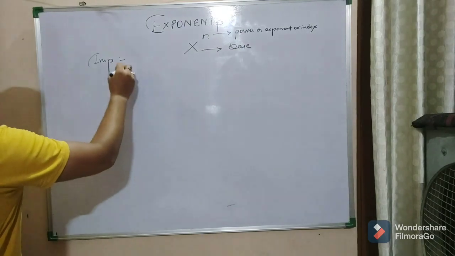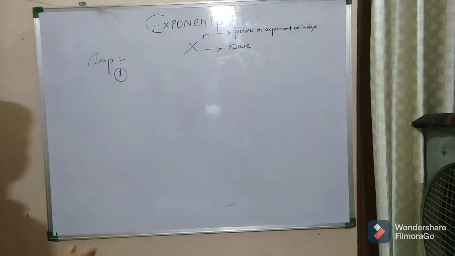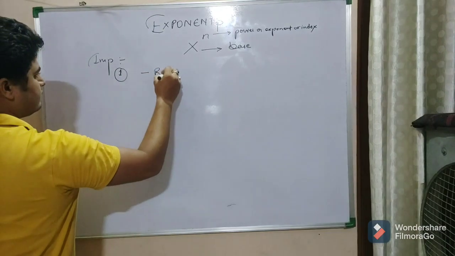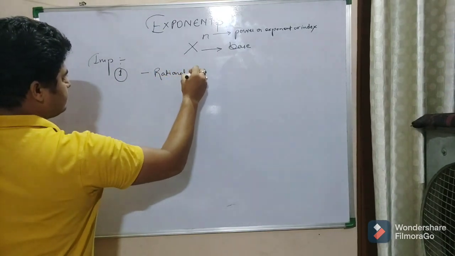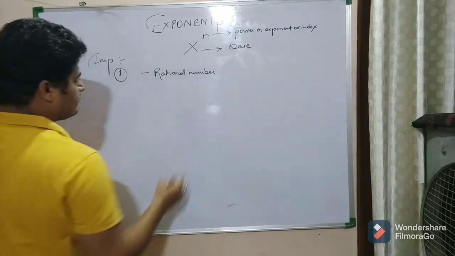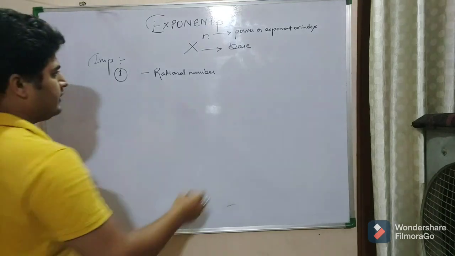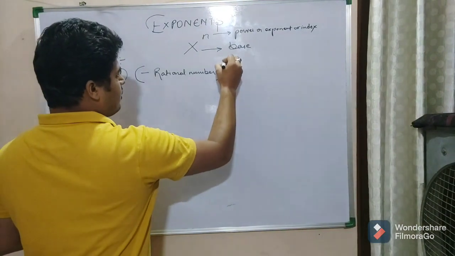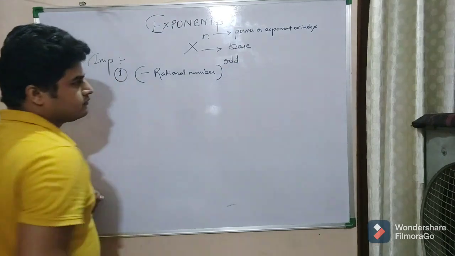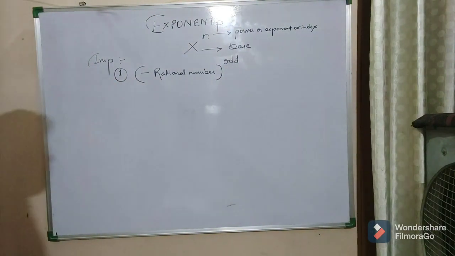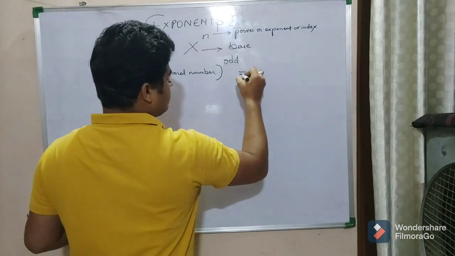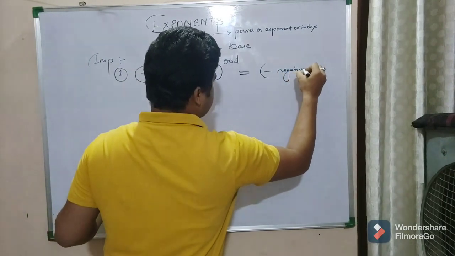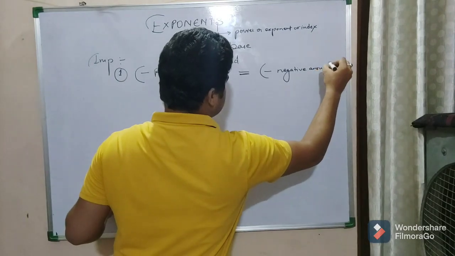Point number 1: if you have a negative rational number and it has been raised to some power, and that power is an odd number, then you are going to get an answer with a negative sign. You will always get a negative answer.